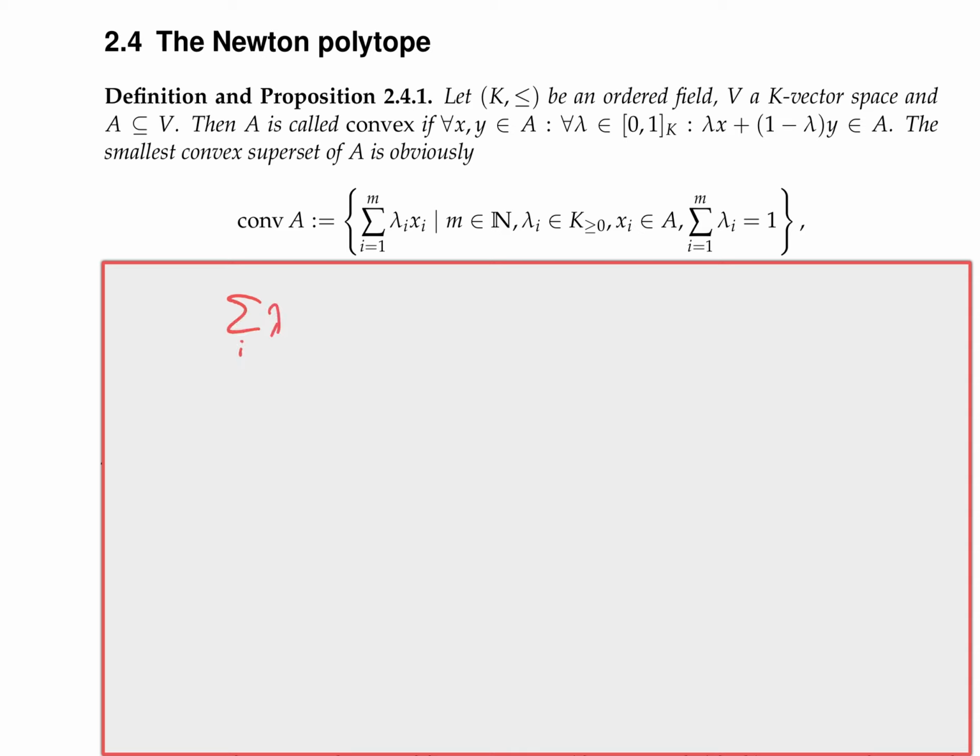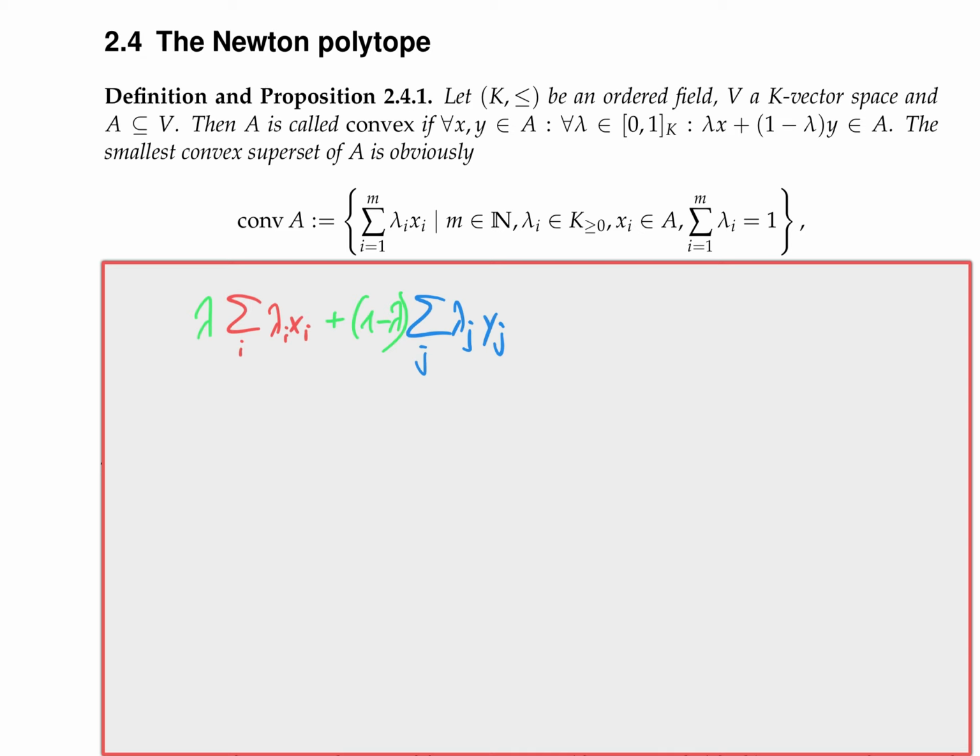This is the first convex combination, and I will not write that the lambda i's are in K, non-negative, etc., that the xi's are in A. So let's say I have this convex combination, and then I have another, where the yj are in A and so on. And then I have a lambda here, and then here 1 minus lambda. And the lambda, of course, should be an element from K between 0 and 1.